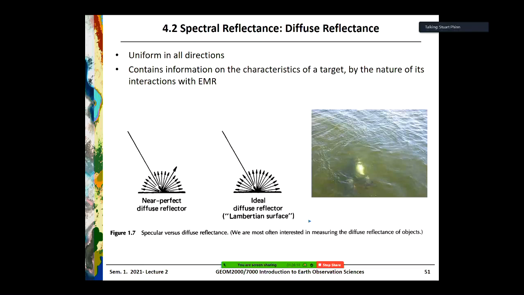So the image on the right, that's Chris Rolsma at one of our sites just off Peel Island, doing some coral sampling. You can see him on the bottom. This part of the photo is taken from a boat looking out. So there's a diver with a tank on their back. This part of the photo is what you'd call diffuse reflectance. You can see all the colours in there.